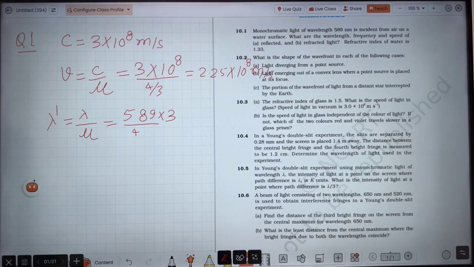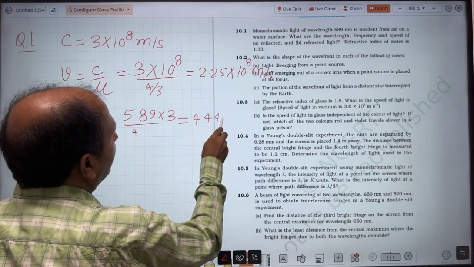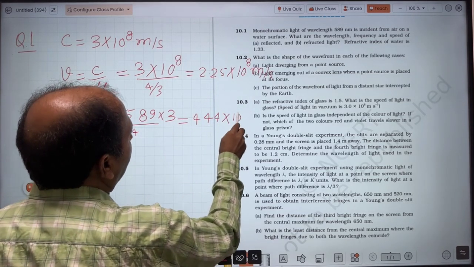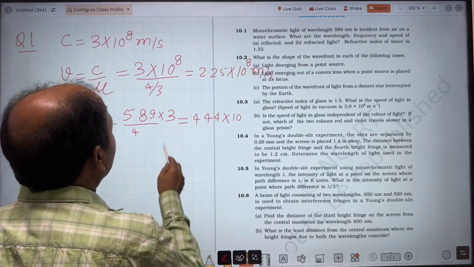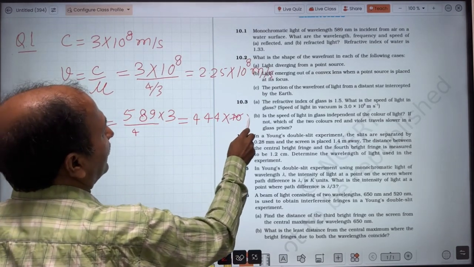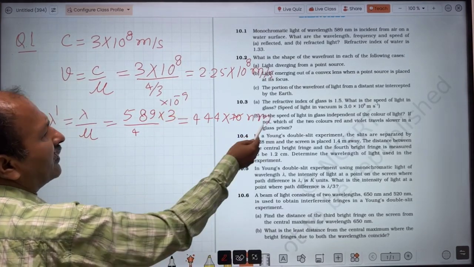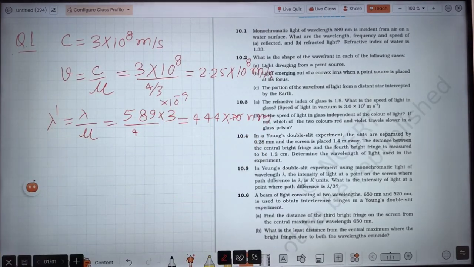So this will come out to be 444 into 10 to the power minus 9. Sorry, this is already in nanometer, so just write it in nanometer, right? Either here you write 10 power minus 9 and then evaluate, then this will also become 10 power minus 9, right? Then what is left?